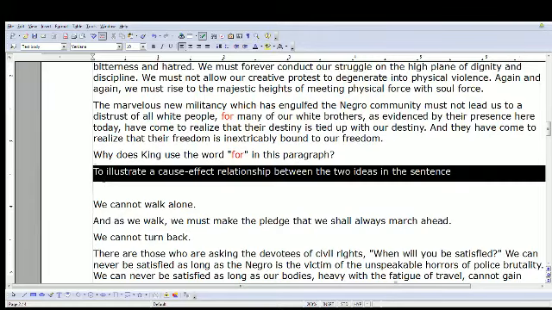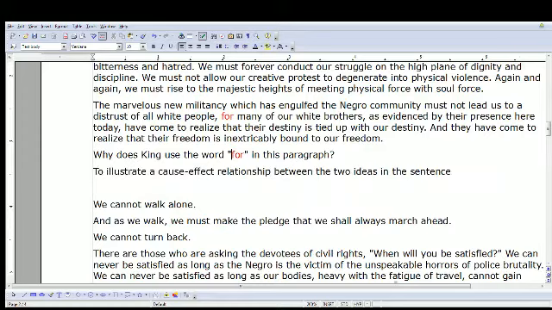So in this case, we can probably look at this idea. The word for here, it's very formal, but the writer's definitely using this as cause-effect. That's kind of the purpose of this type of connection.